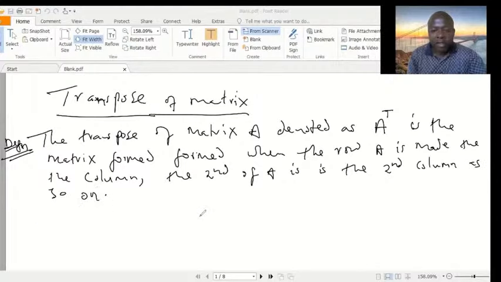Or you can make the first column of A become the first row, the second column become the second row, and so on.